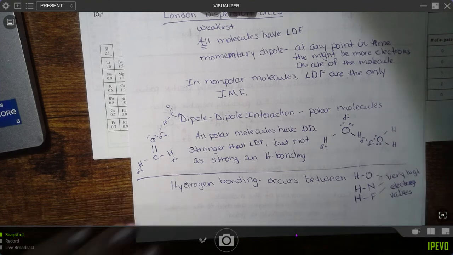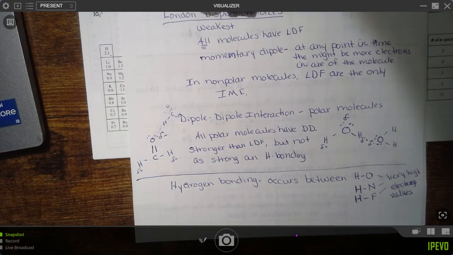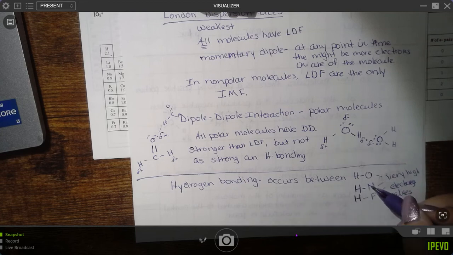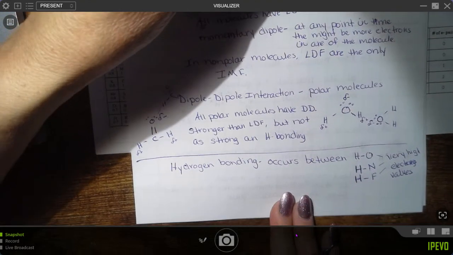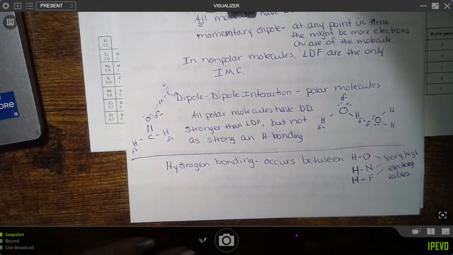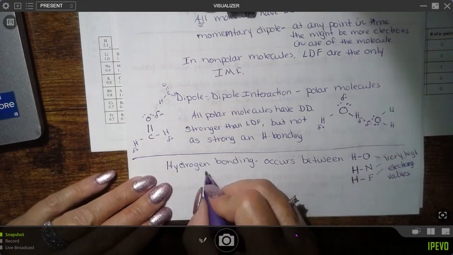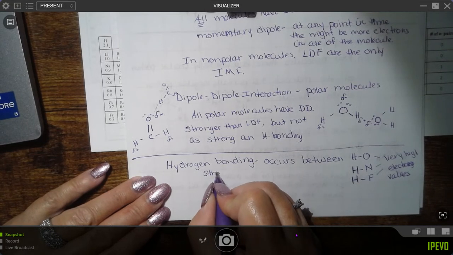It's like the dipole-dipole, but it's a super dipole-dipole. It's stronger than just an ordinary dipole-dipole because of these three elements involved. Hydrogen bonding is what makes water have many of the properties that it has. Hydrogen bonding is the strongest IMF.